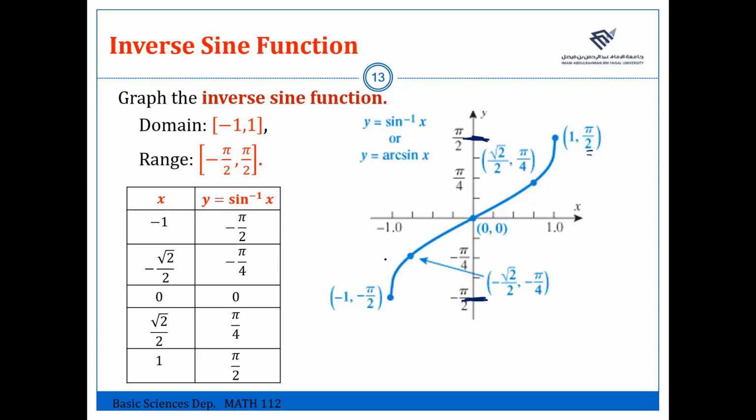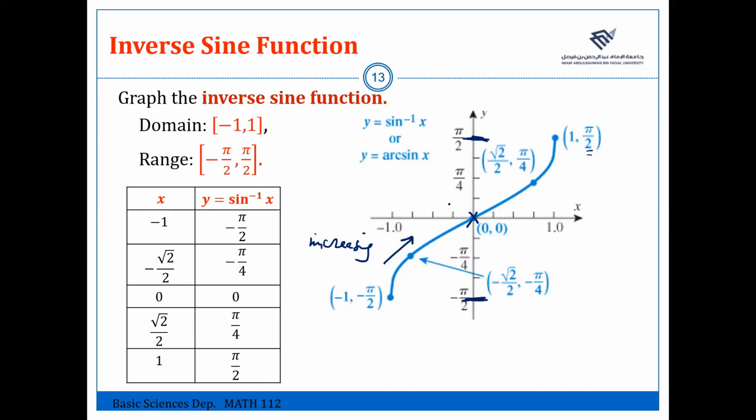Arc cosine was decreasing, whereas arc sine is increasing. Arc cosine is neither odd nor even. What do you think about arc sine? Is it even? Is it odd? Odd. Arc sine is odd. We have symmetry here. See this point, square root of 2 over 2, pi over 4, and we also have the point negative x, negative y on the graph.